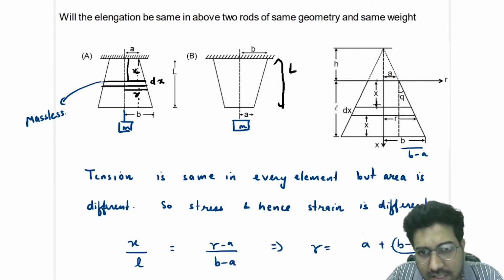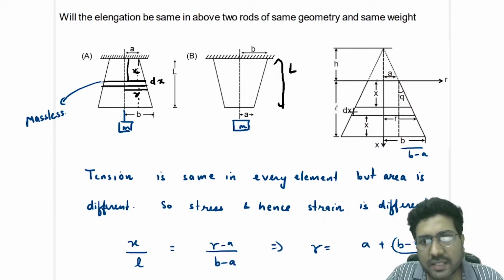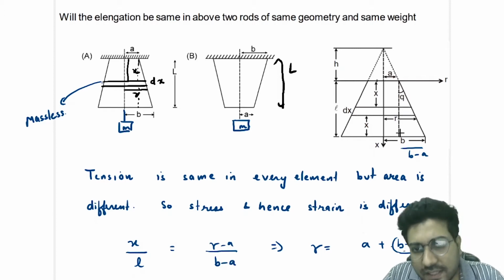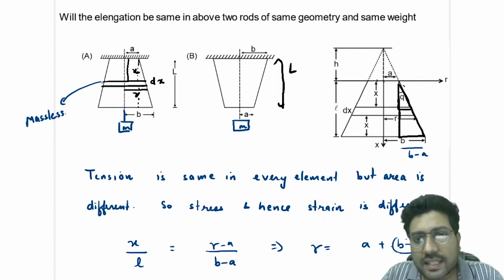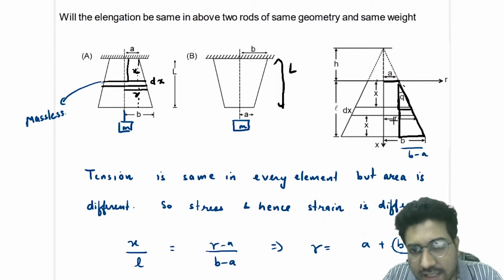At a distance x we have taken an element of width dx. Now in this triangle you can see that this is similar to this, right? Now this length is a, this length is r, because this is a, this is also a. So this length is r minus a.